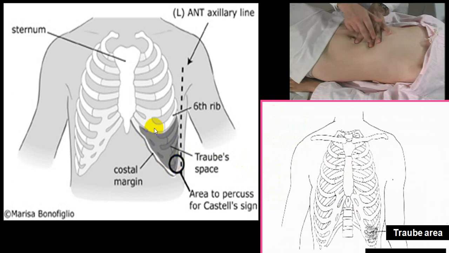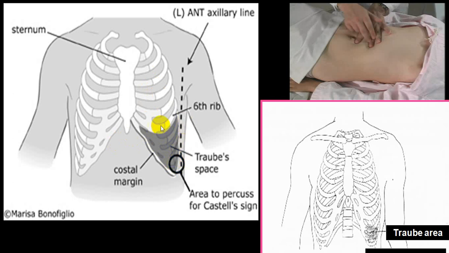Now we know that on the right side, it is because of the left border of the heart and left lobe of liver. So in those pathologies, if the left lobe of liver is massively enlarged, or there is massive cardiomegaly, like massive pericardial effusion, huge cardiomegaly, cardiomyopathy, the Traube space will diminish or may be absent.